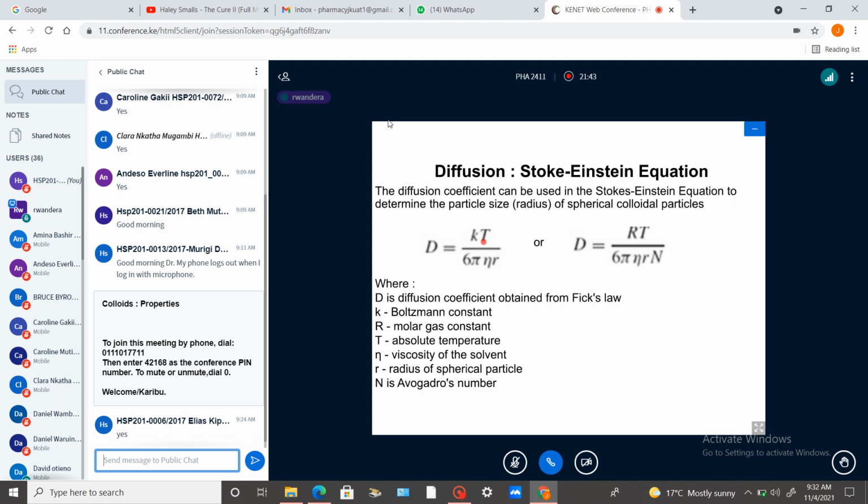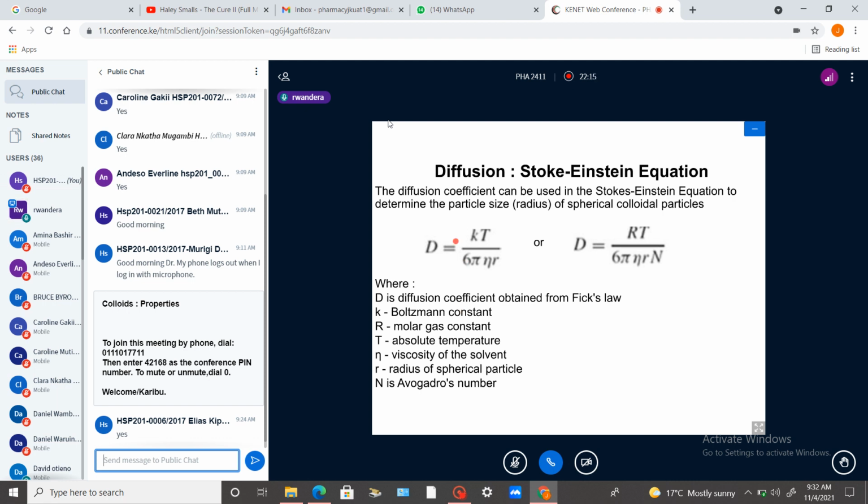So we have two different types of the Stokes-Einstein equation, but in both you can see there's the radius, the R, which refers to the radius of the spherical colloidal particles. So even in this one, you also have the radius. Now the rest can be provided, or the rest are constants.